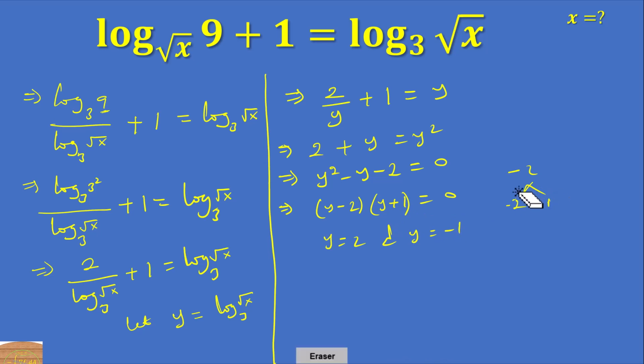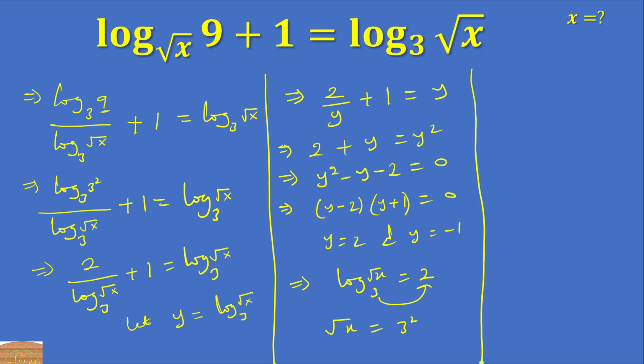All right, so let's go back. Now we said y to be this, so let's equate this to the answers. So let's start from the first one. When y is equal to 2, so the first answer for y is 2. So with the definition of logarithm, so the base, we raise this, so we have root x equals to 3 to the power 2.